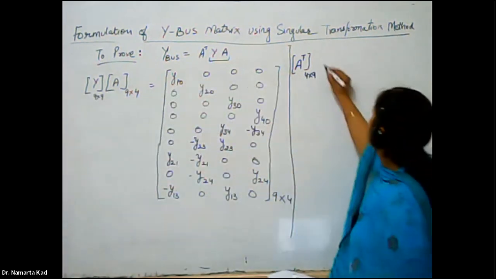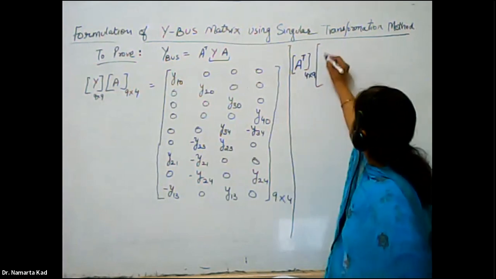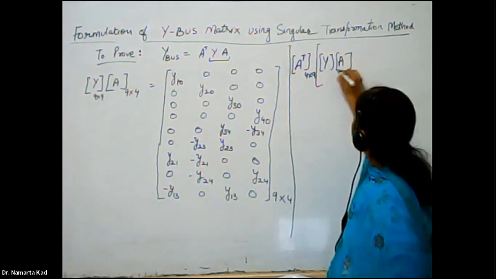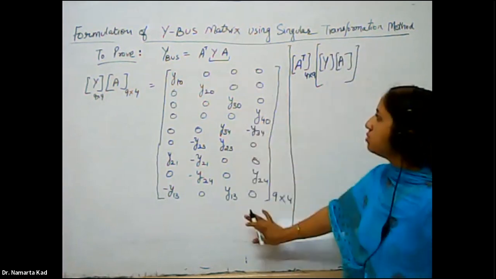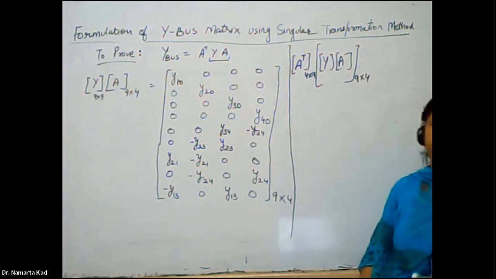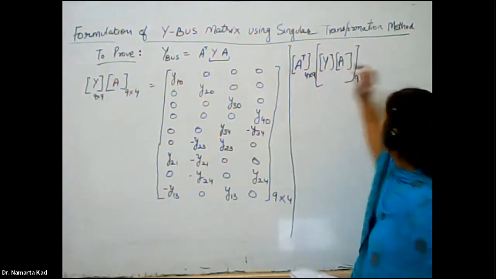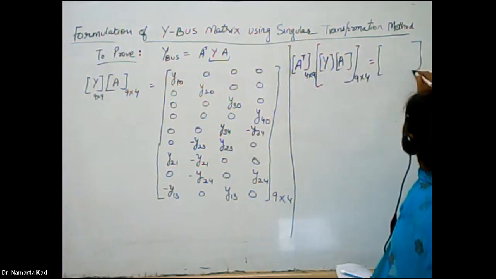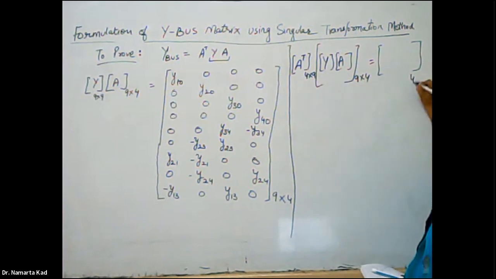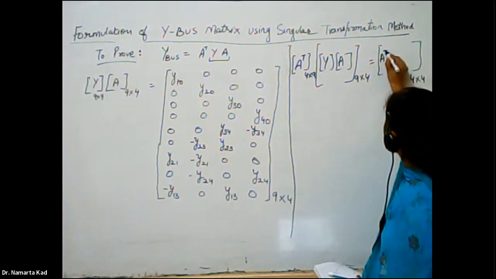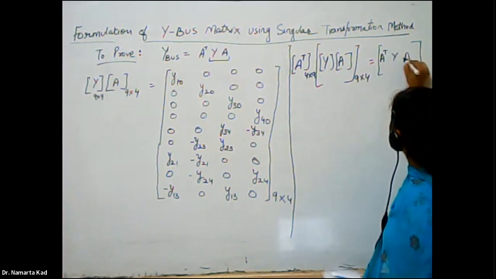And this Y, which we have recently calculated, is the 9 by 4 matrix. When you solve it, you get a 4 by 4 matrix. This is the complete method of A transpose Y into A.